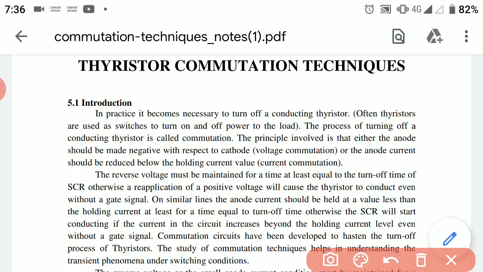Now, how to turn off the thyristor? Actually, there are two basic techniques or two basic methods to turn off the thyristor. A thyristor can be turned off from conducting mode.